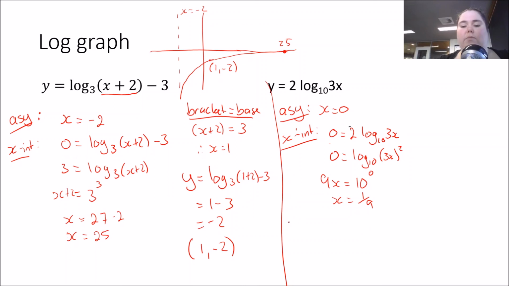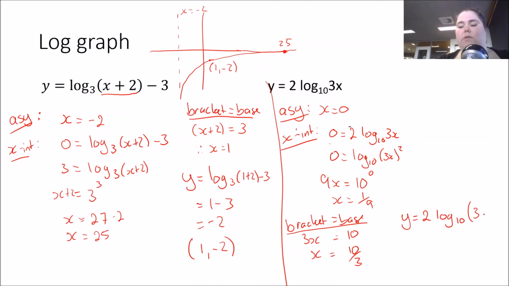And the last one, bracket equals base. Well, for my bracket, which is 3x, to equal my base, x is going to have to be 10 on 3. Alright, so we sub it in. Y equals 2 log 10 of 3 times 10 on 3.